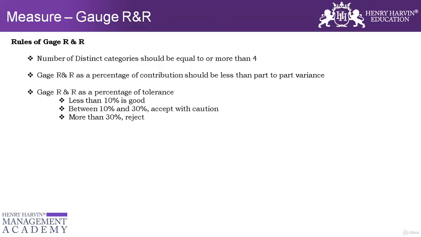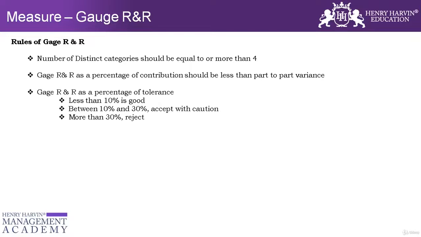The third condition says the tolerance that I would expect, if it is less than 10% between 2 different appraisers, I would say it is good to go. If it is between 10 to 30%, it is a kind of caution. I would still accept it, but if it is greater than 30%, I would reject.